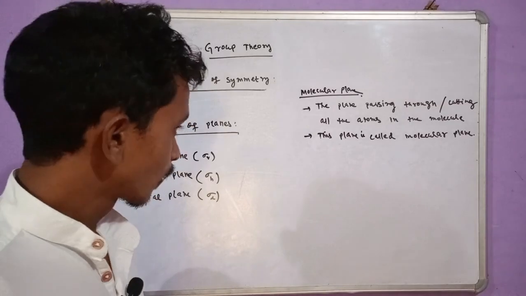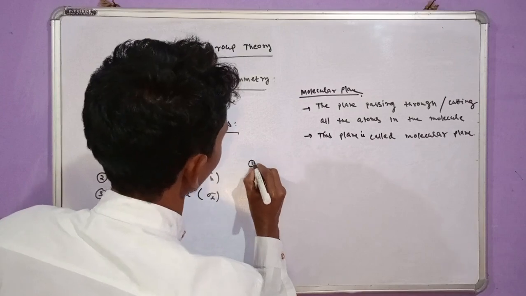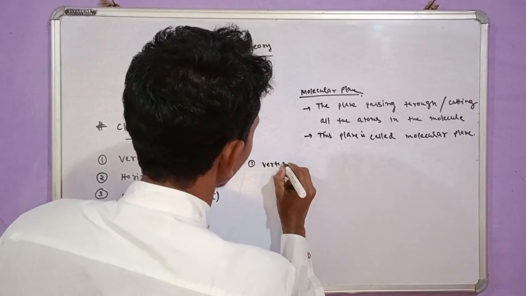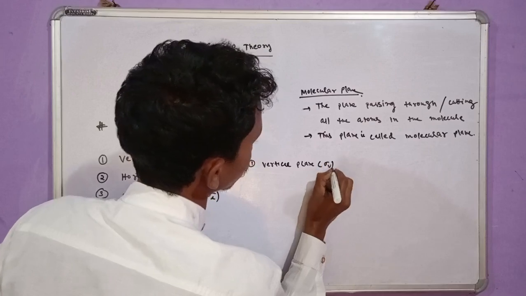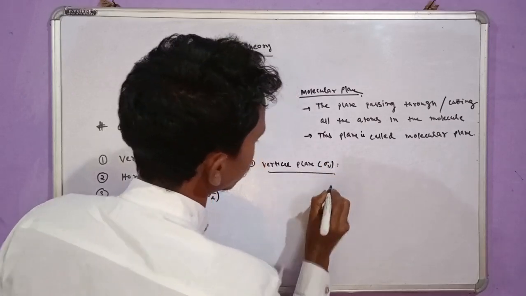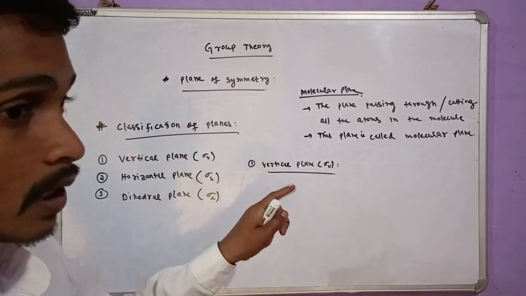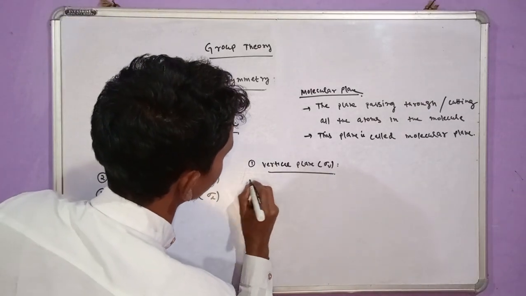So let's say the vertical plane, that is sigma v. What are the conditions for the vertical plane? The condition is very, very important.